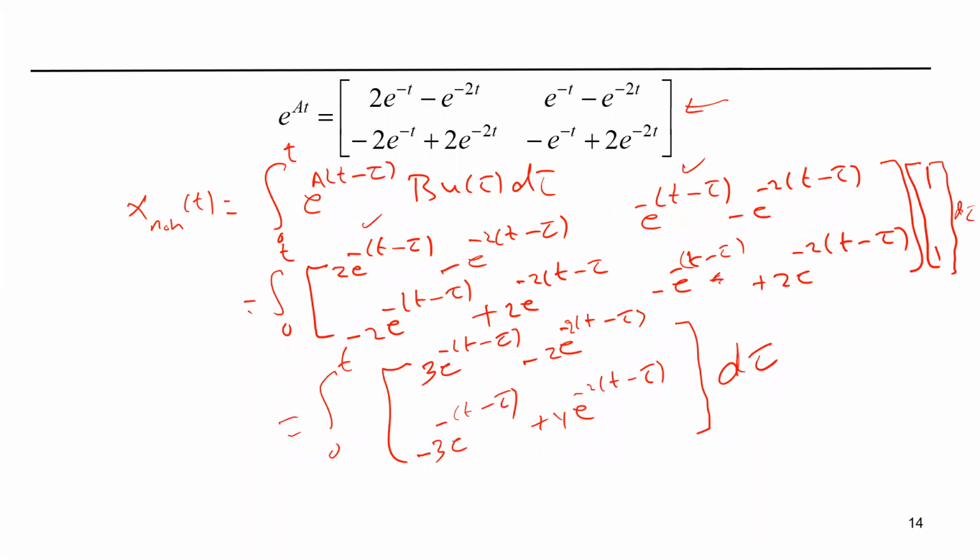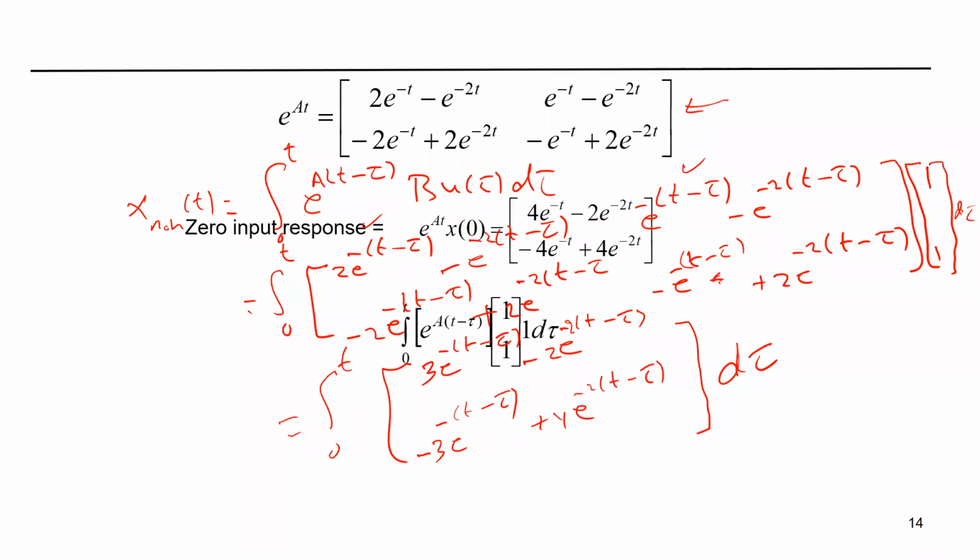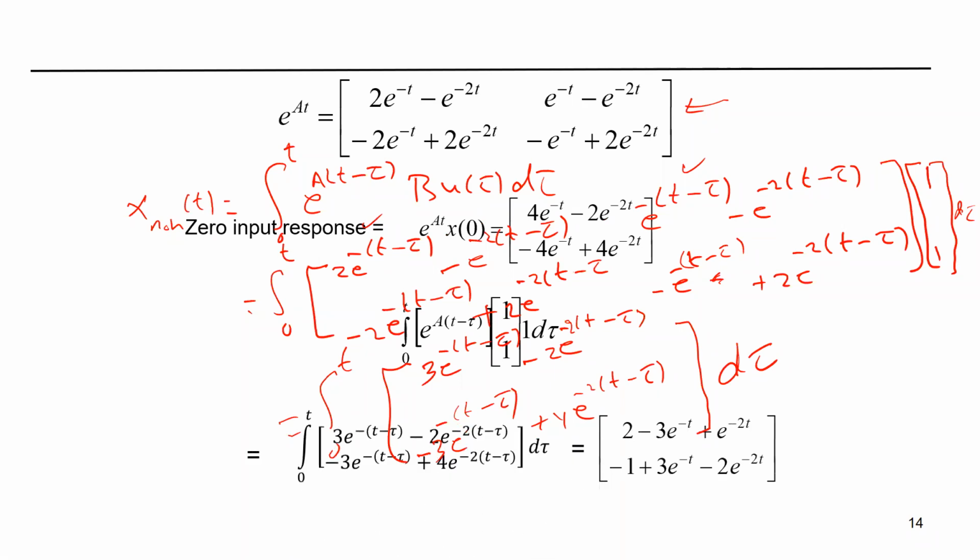And now how do you integrate matrices? Term by term. And since this is a definite integral, substitute in the limits. If you do this process, this is basically what you are going to get.